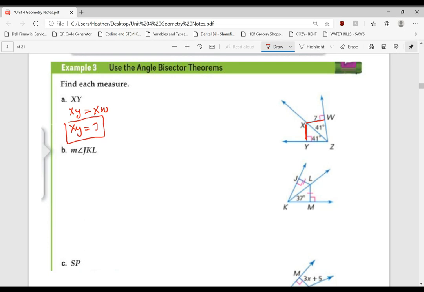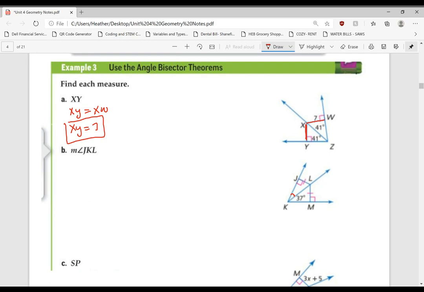Now it wants us to find angle JKL, which is this angle right here. Since LJ is perpendicular to KJ and LM is perpendicular to KM, that means LJ is congruent to LM, and L is equidistant from the sides of angle JKM.